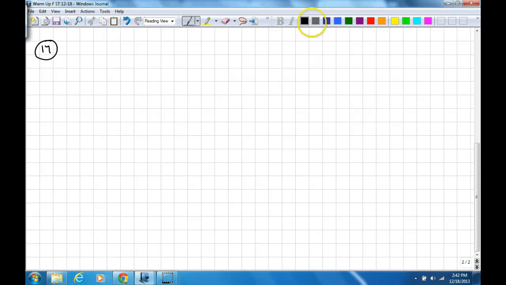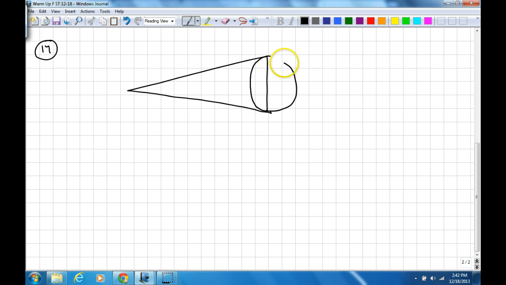Okay, so what I'm looking at is this picture. That's supposed to be the moon. Here's the face. Okay?